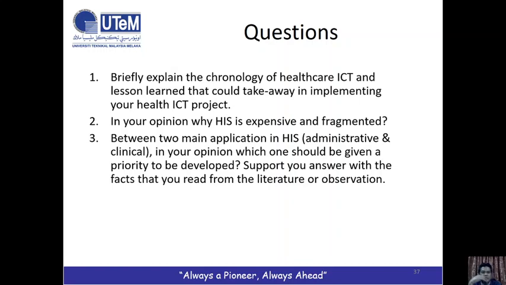When you manage the project, what are the best practices that you can adopt or suggest to make the implementation of a healthcare information system in a certain healthcare organization succeed?